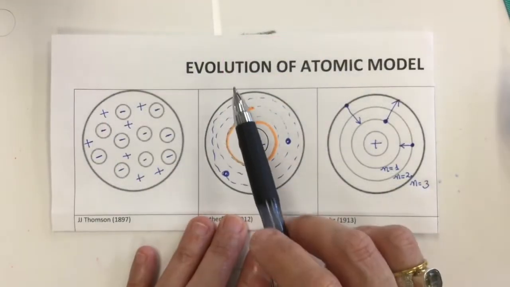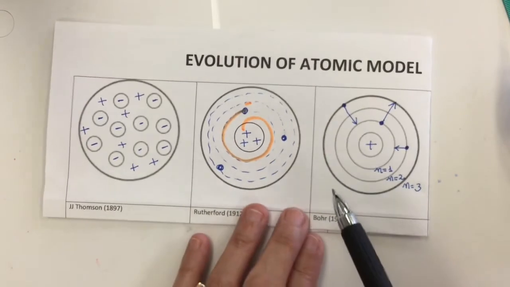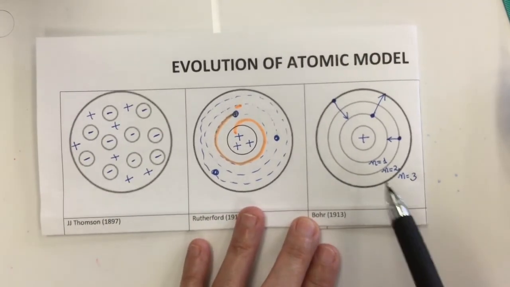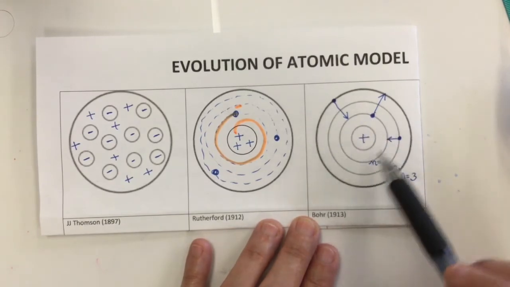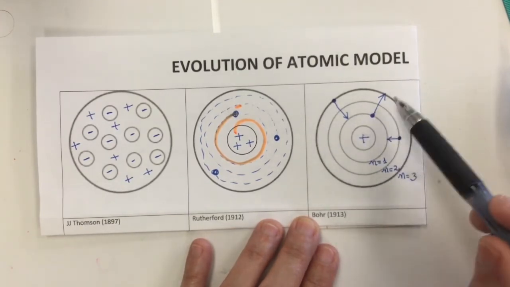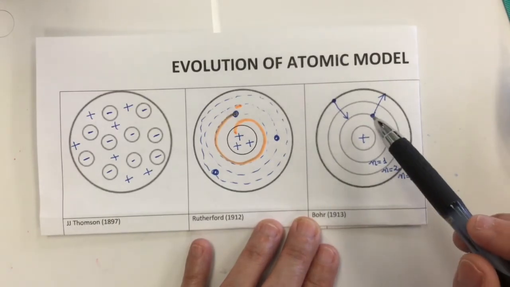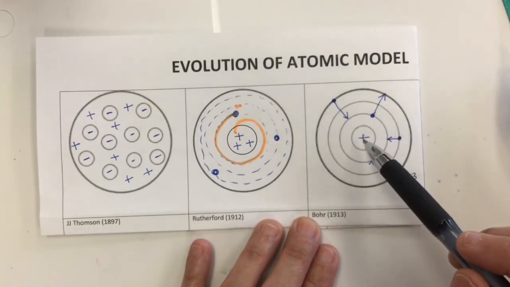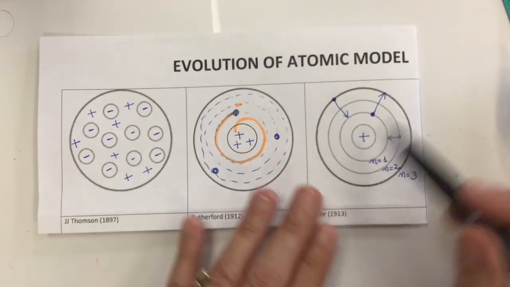To finalize the diagram for the evolution of the atomic model, here is the Bohr model, indicating that electrons are not in specific orbits; they are jumping from orbit to orbit to avoid falling into the nucleus and colliding with all the particles.